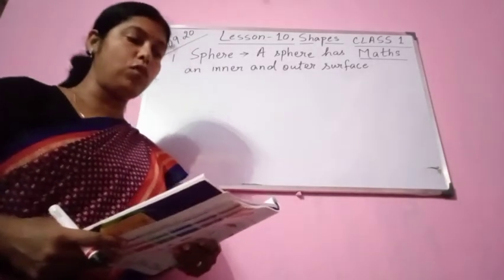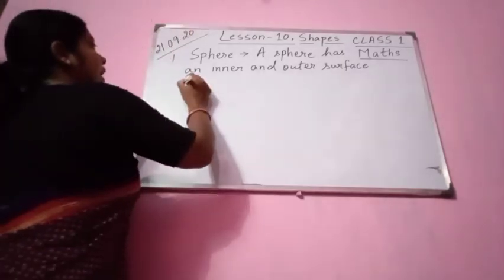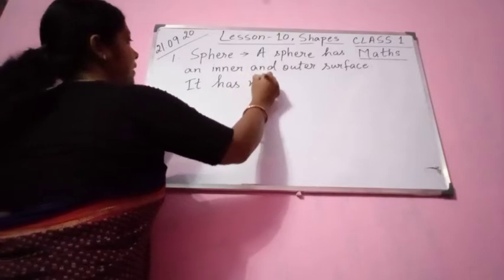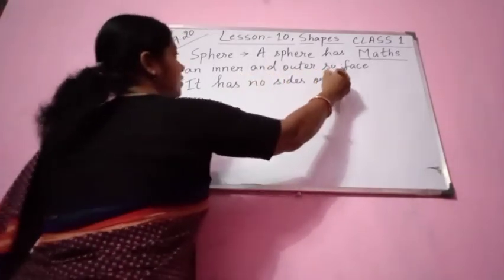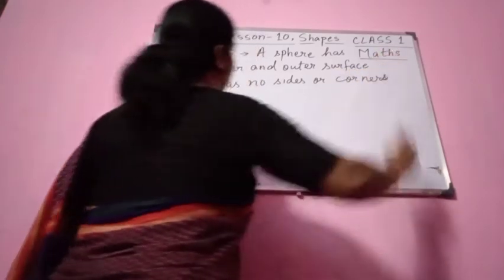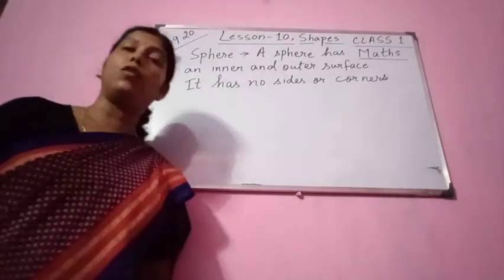I shall explain to you. It has no sides or corners. It has no sides or corners. So you please see this one. What is the meaning of a sphere has an inner and outer surface?